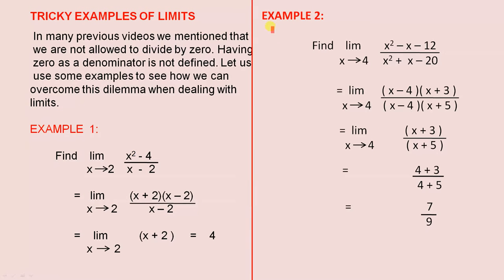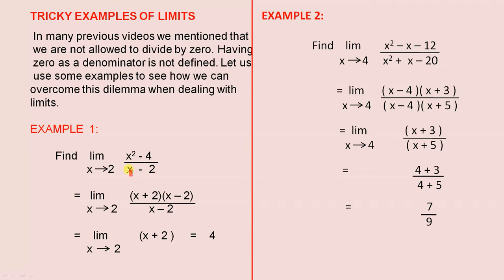Tricky examples of limits. In many previous videos we mentioned that we are not allowed to divide by 0. Having 0 as a denominator is not defined. Let us use some examples to see how we can overcome this dilemma when dealing with limits. So the first example, find the limit of x squared minus 4 over x minus 2 as x approaches 2.